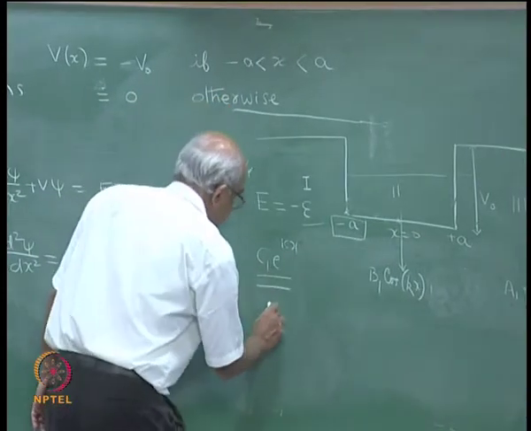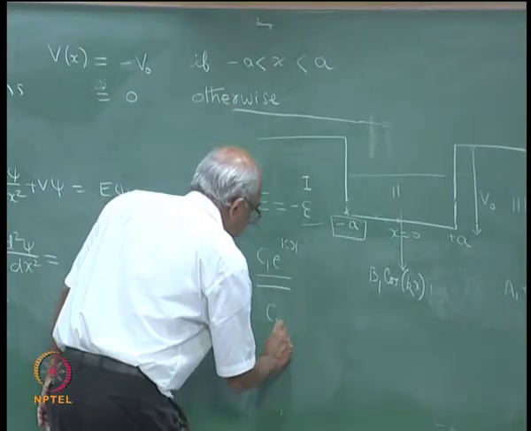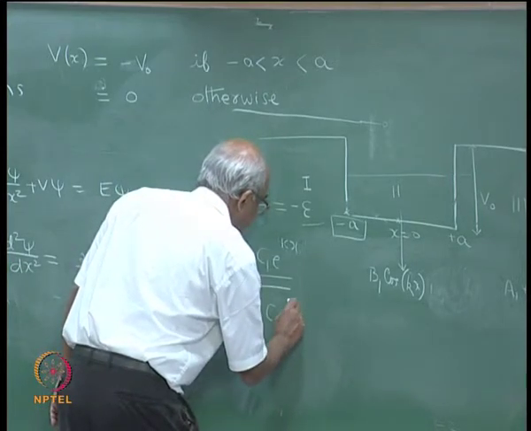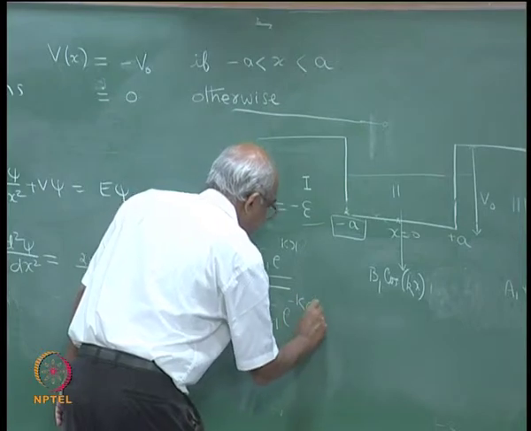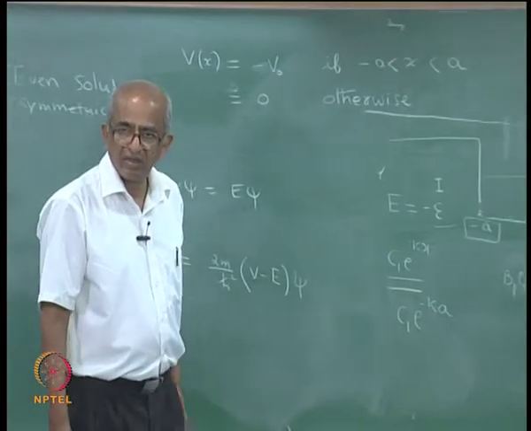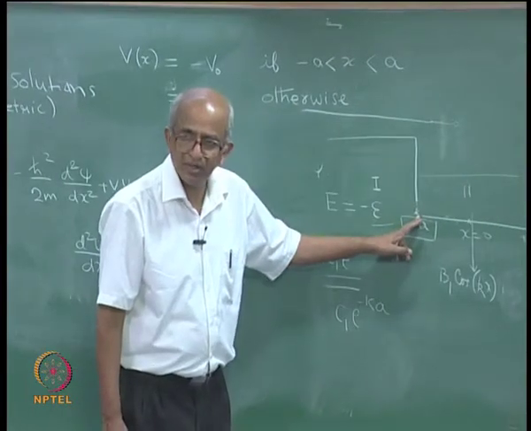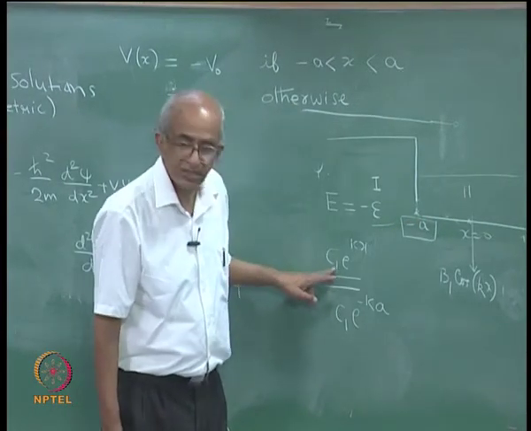So, what is the thing that I am going to have? In here I will put x is equal to minus a. So, the answer will be C1 e to the power of minus kappa a. That is the value of the wave function at minus a evaluated using this expression.